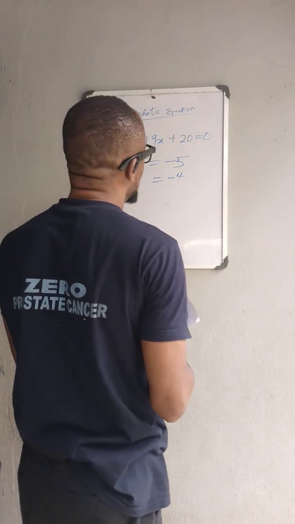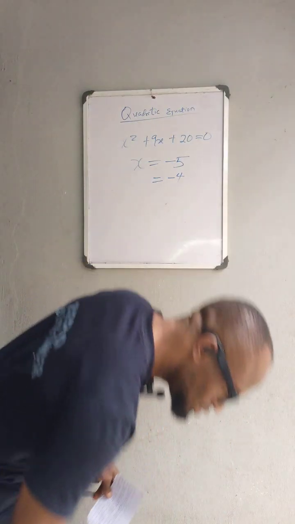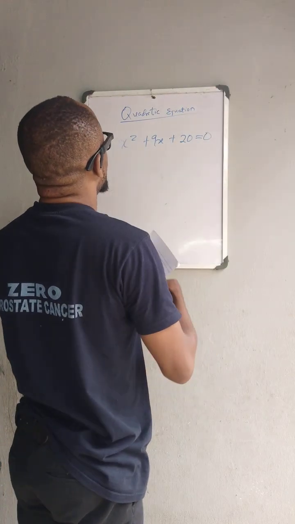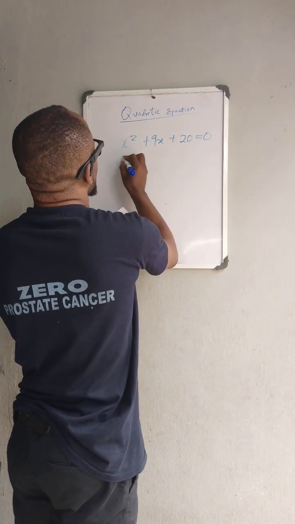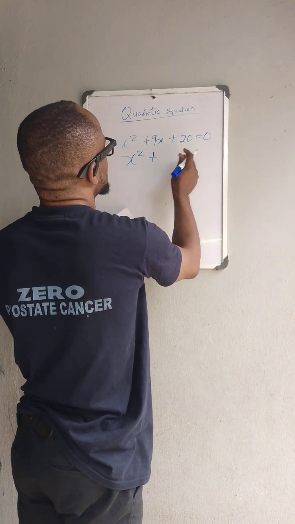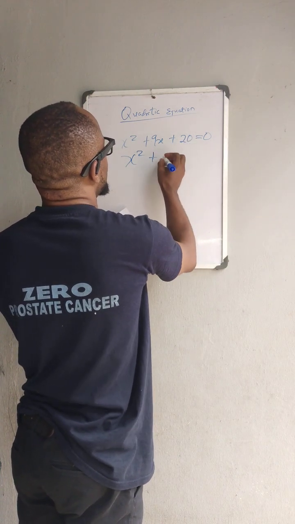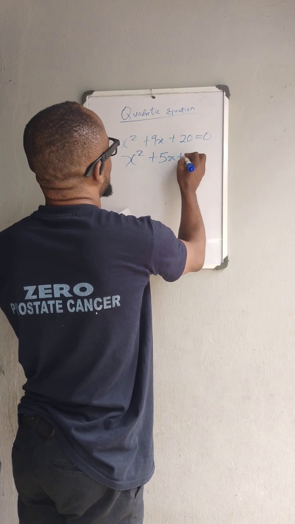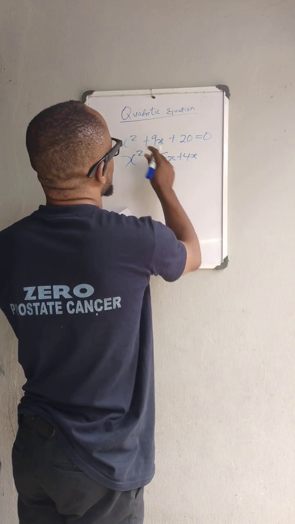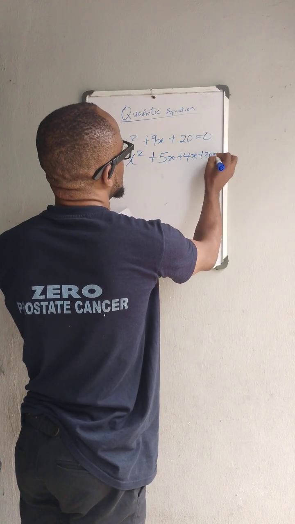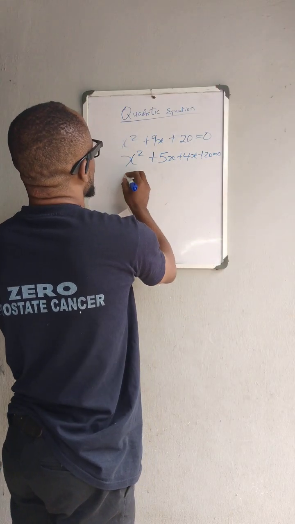But if you want to expatiate it, you cannot say x squared plus the two numbers, 5x plus 4x, because it is plus here, plus 20 equal to 0.